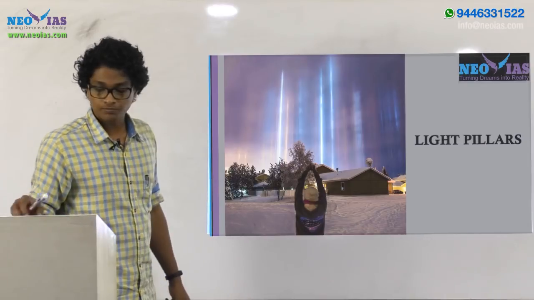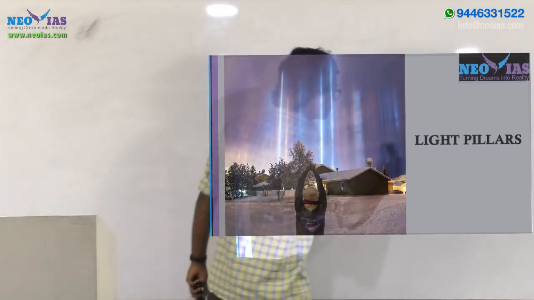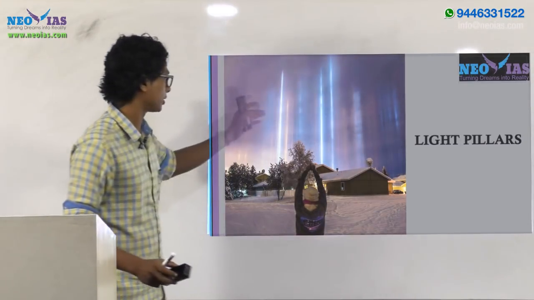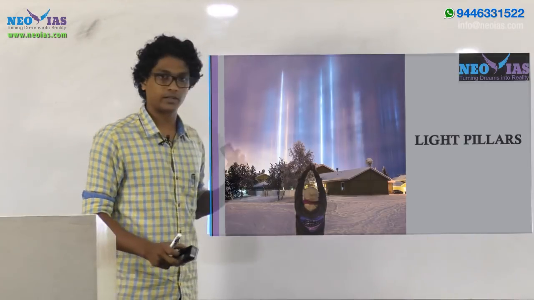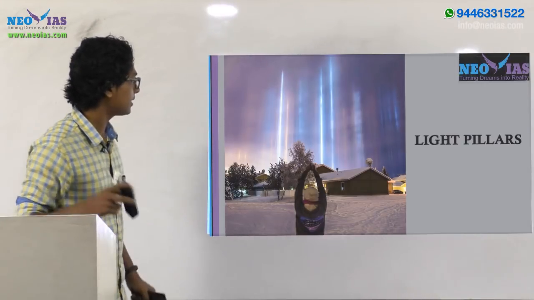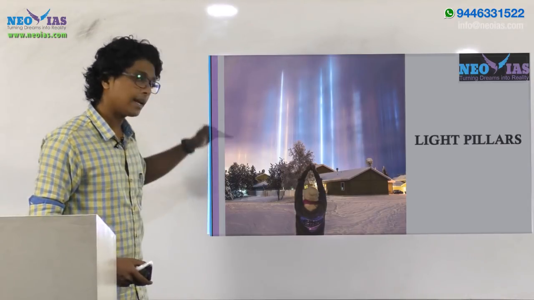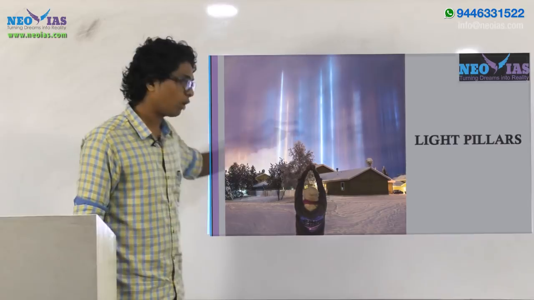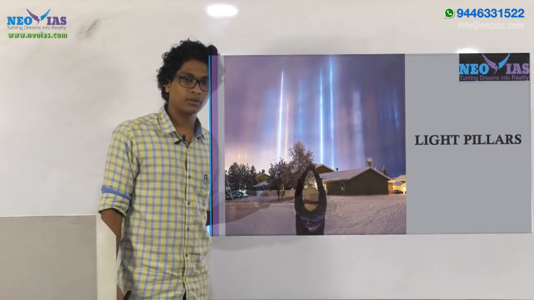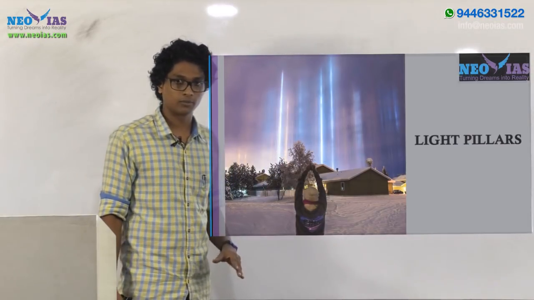Now the next one, light pillars. As you can see in the picture, we see pillars of light. Again, this phenomenon takes place towards the higher latitude regions. In high latitude regions, near the lower atmosphere, freezing temperatures form and ice crystals form.